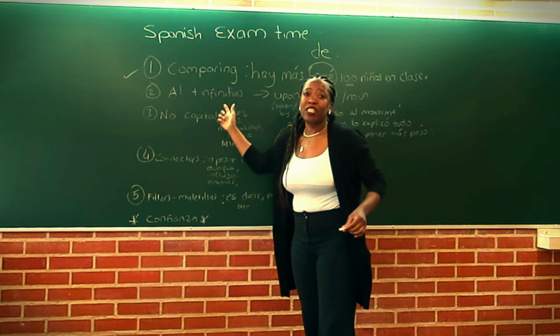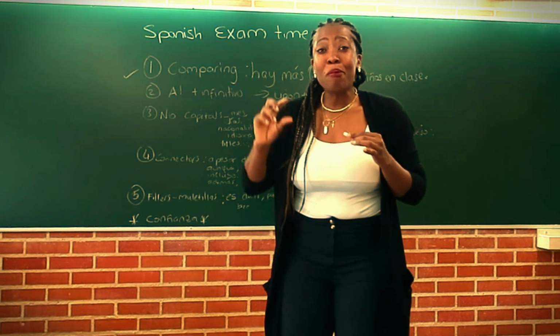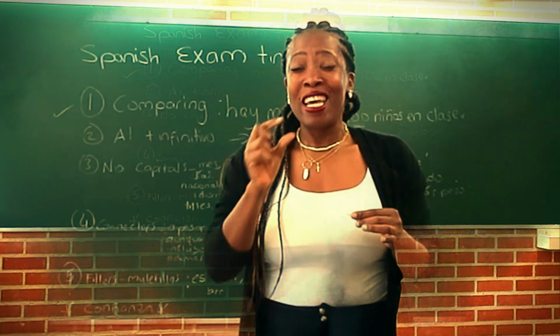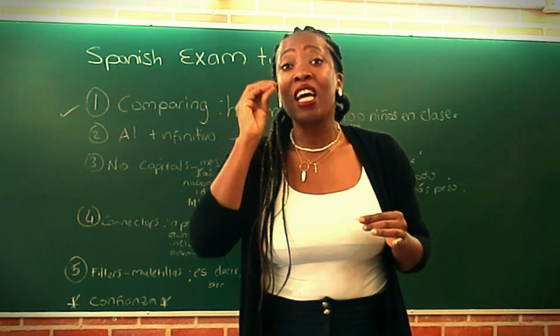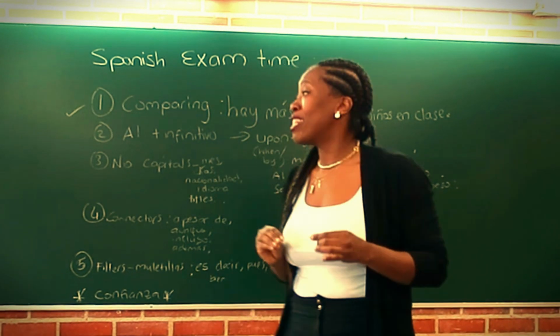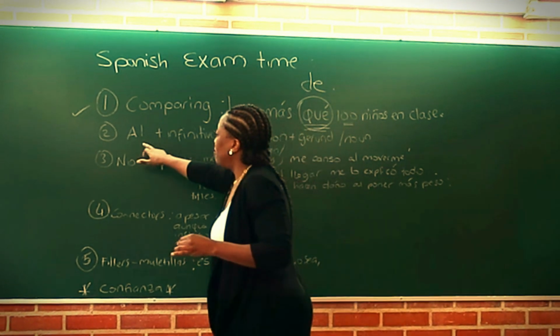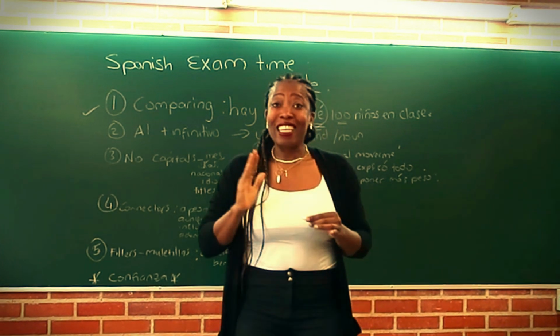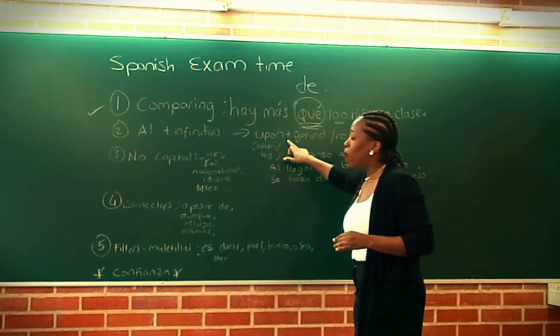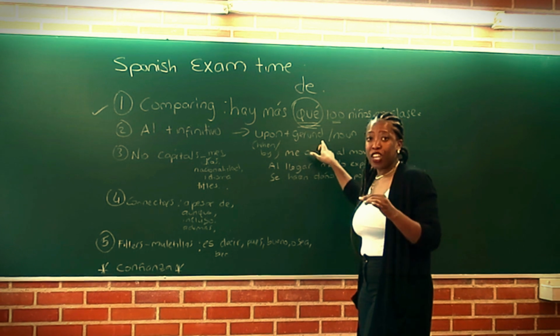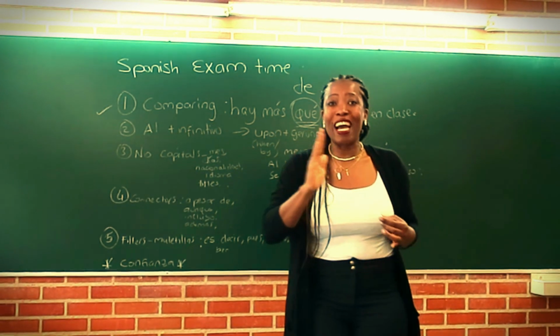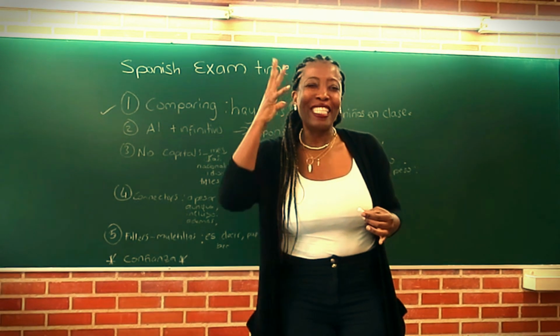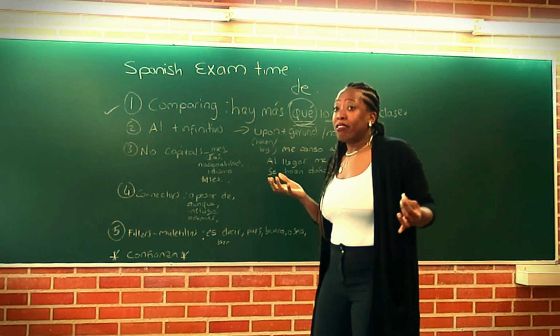Number two is a structure which we do sometimes get wrong. Somebody mentioned this yesterday, and I thought I absolutely need to put this on the list. Al plus the infinitive. We translate that in English as upon plus the gerund. The gerund is a verb in ing: going, doing, seeing, dancing.